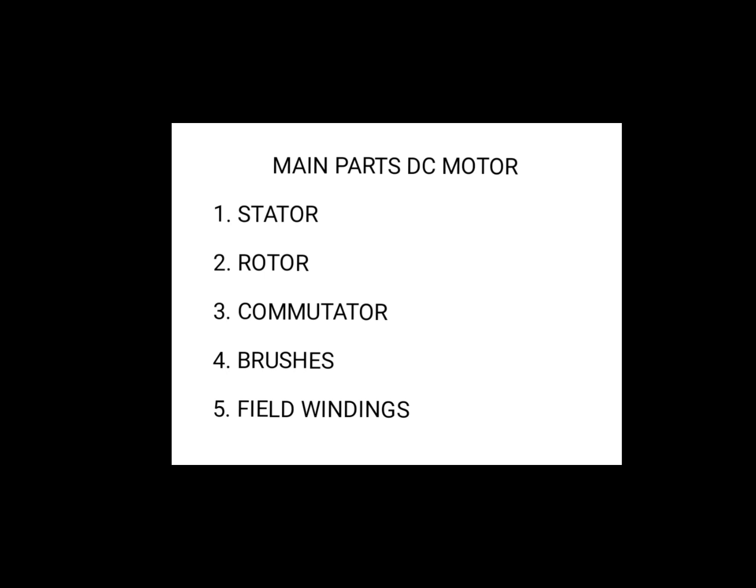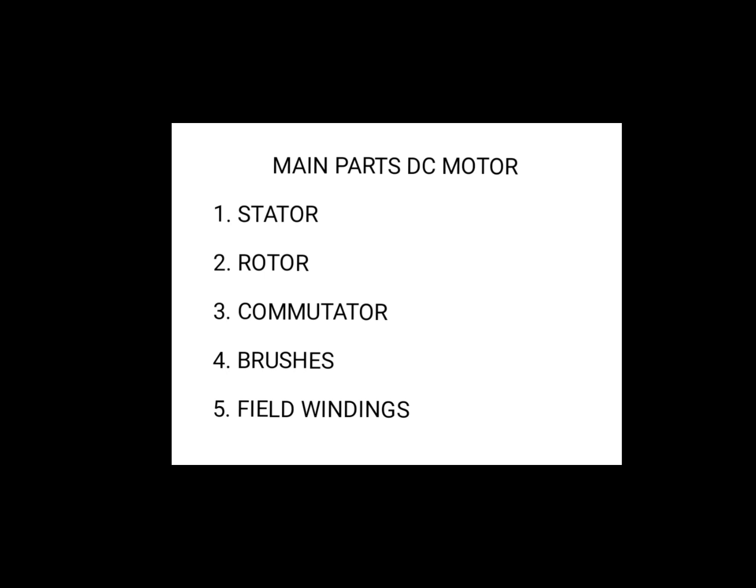Brushes. Conductive materials that maintain electrical contact with the commutator. 5. Field windings. Coils that produce the magnetic field when current passes through them. These parts work together to create rotation.